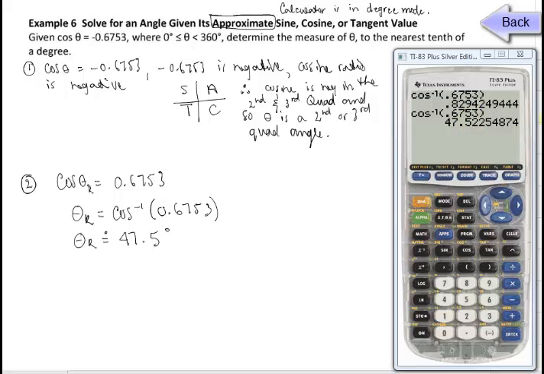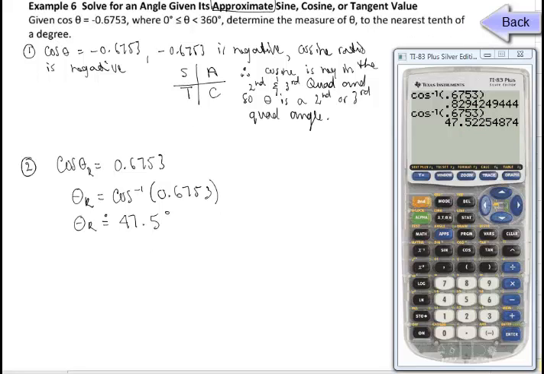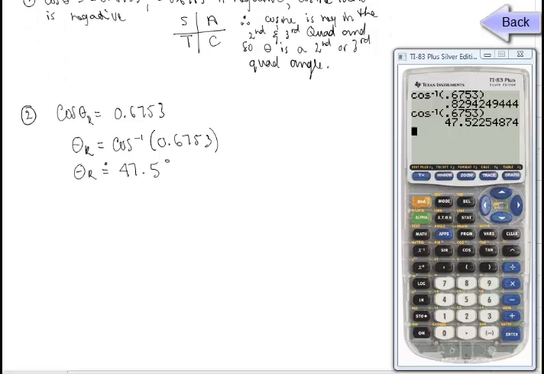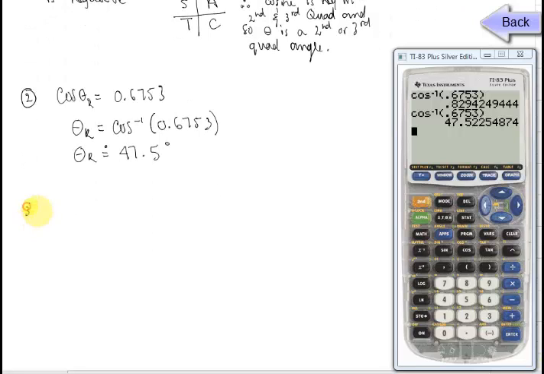Okay, so now we want to draw our reference angles in the second and the third quadrant, because that's where our angles can be. Okay, so here is our second quadrant angle.